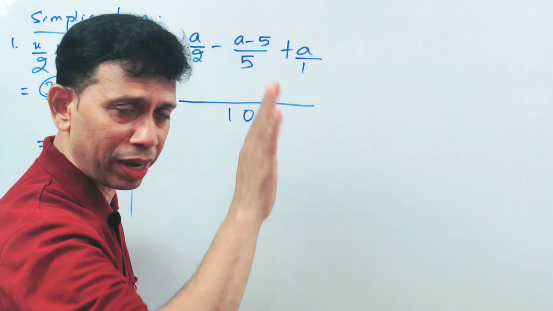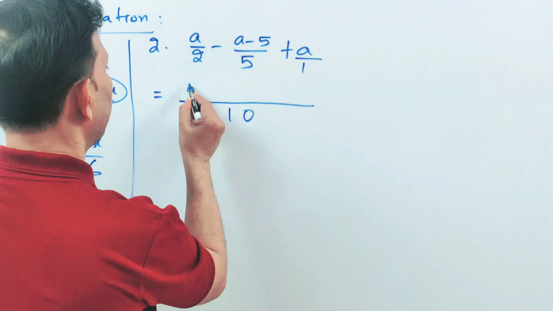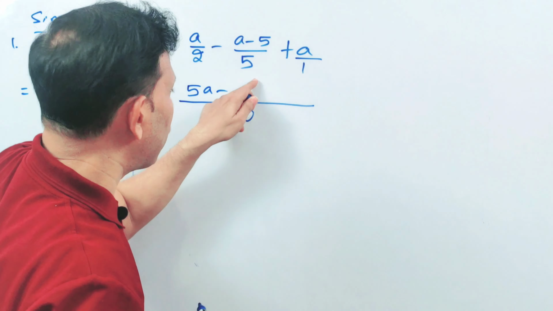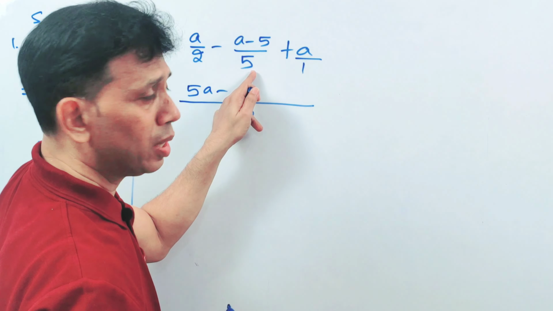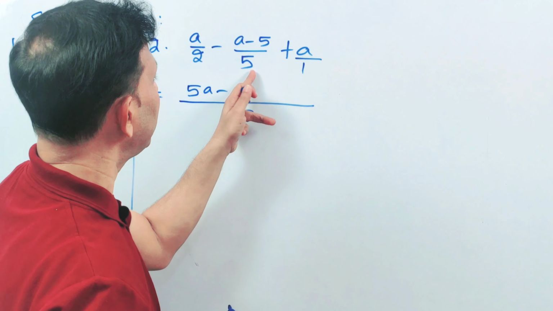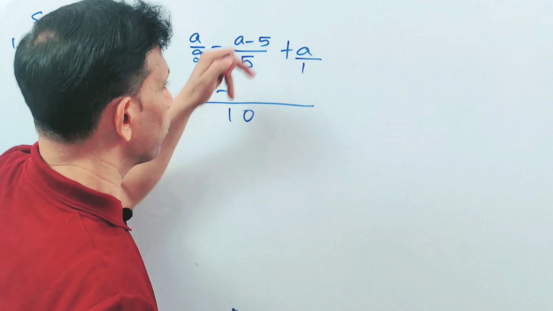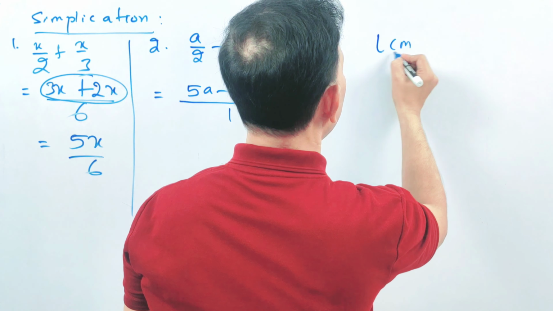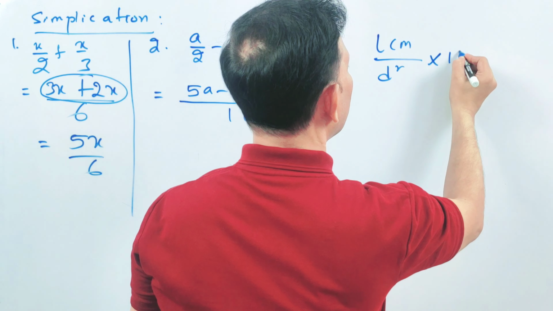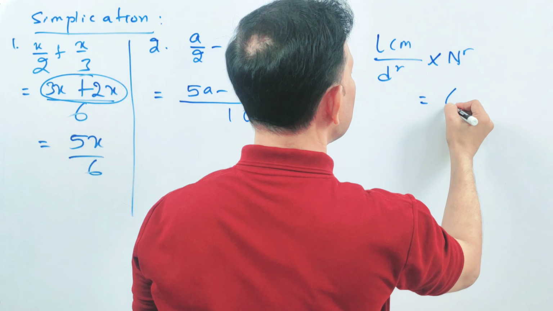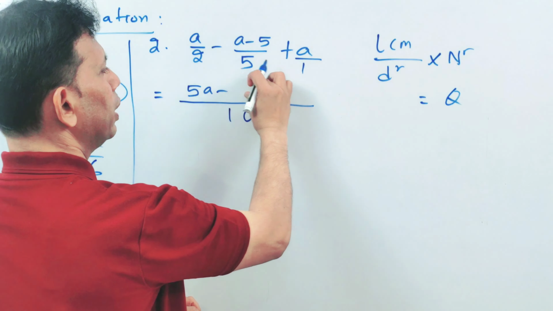10 by 2 is 5. 5 into a, 5a, minus 10 by 5. The LCM is divided by the denominator, and whatever quotient comes, that will be multiplied with the numerator, right? So the formula is LCM divided by denominator, into the numerator. Whatever the result is, it will be written here.